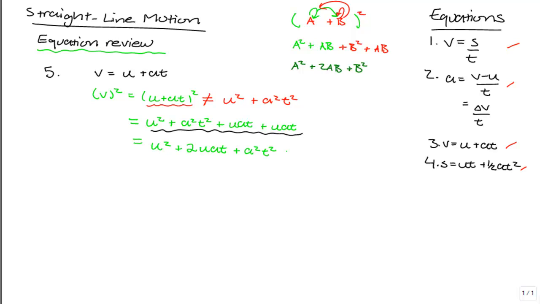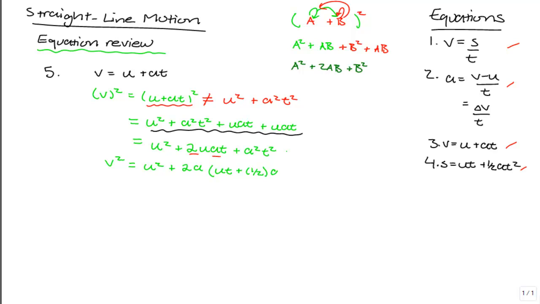Another way of writing it is that v squared is equal to u squared plus 2a, and in this case we're factoring out the 2 and a, and so we get v squared is equal to u squared plus 2a times ut plus half a t squared.